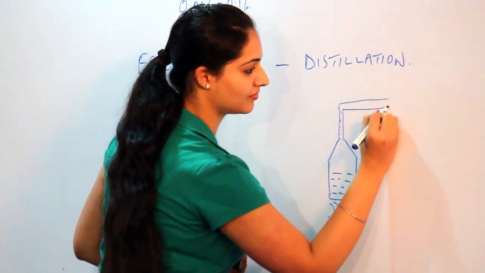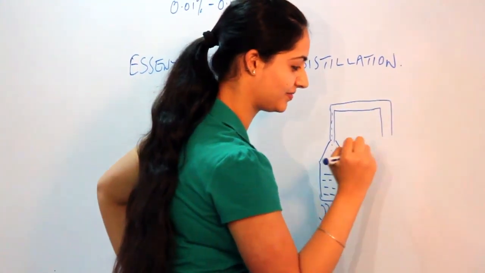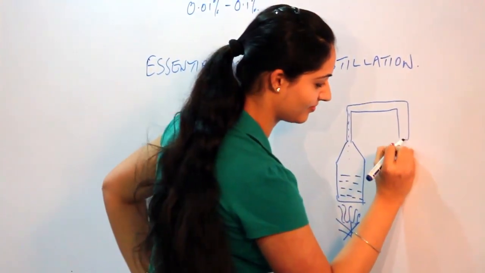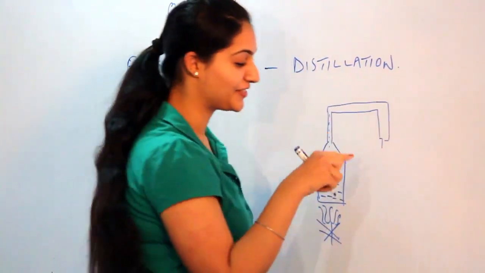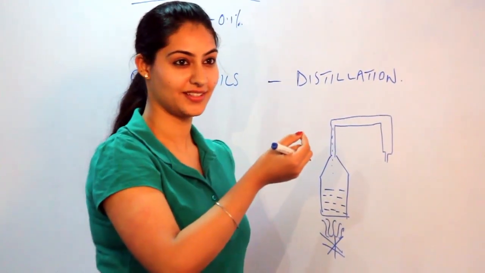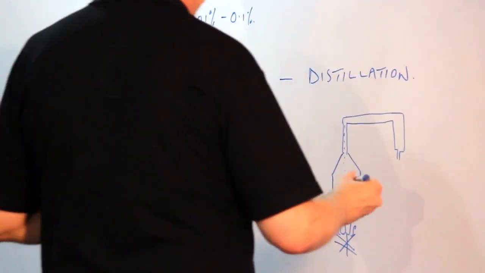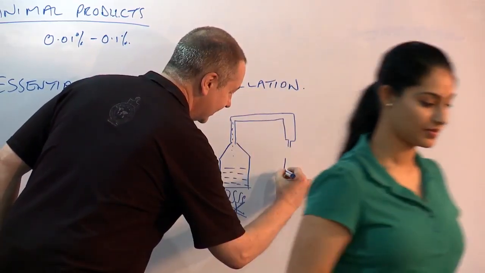It's looking good so far. I really don't know what happens here. I think there's a small thing where the oil gets collected, and then there's an outlet. Yeah, actually it drops into a separating flask.